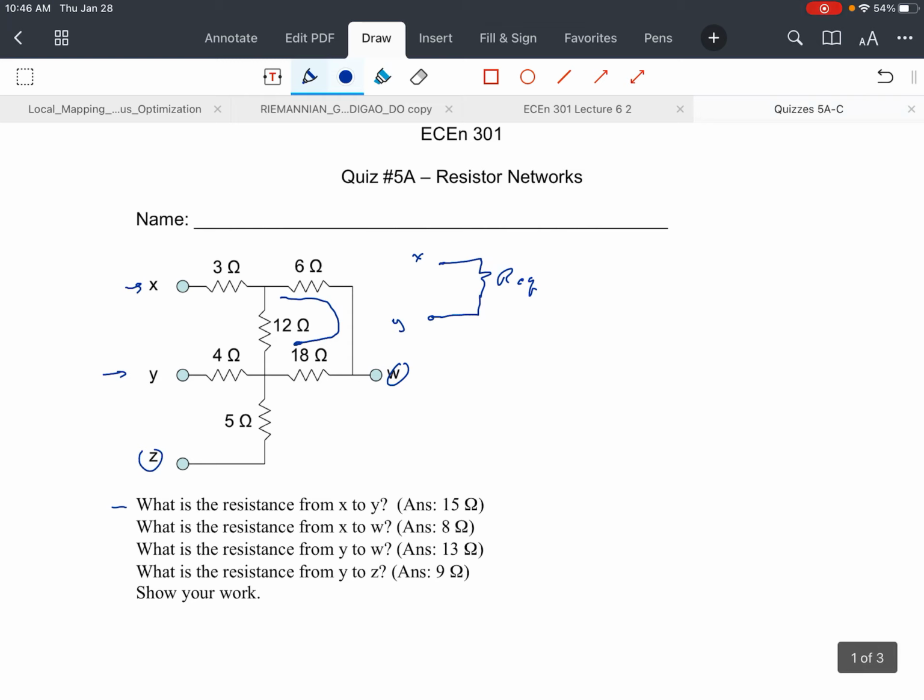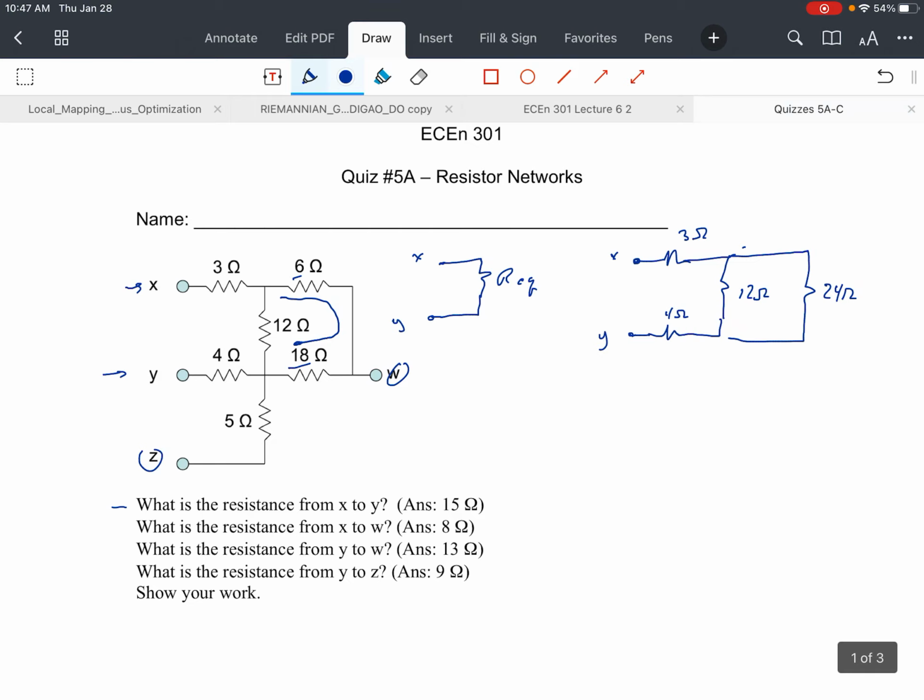Essentially, from X to Y, we'll have a 3 ohm resistor, then the 12 ohm resistor, the 4 ohm resistor. Again, this is X, this is Y. And then we have another resistance here that is going to be 24 ohms, which is the 18 and 6 ohm resistors in series.